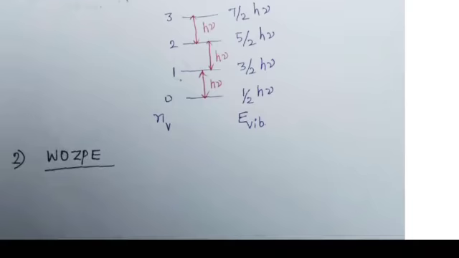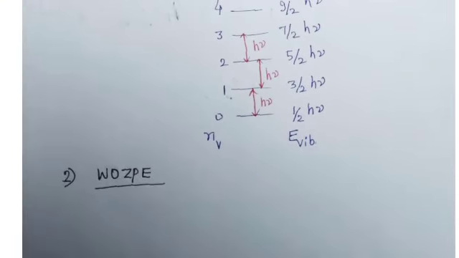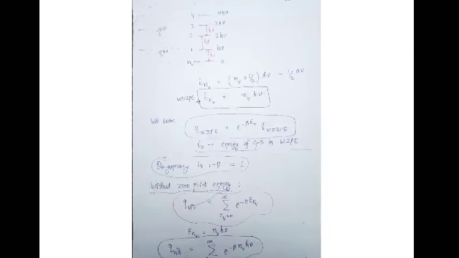Now the second thing is without zero point energy. A system without zero point energy means the energy of the ground state would be 0. Here I have shown it.